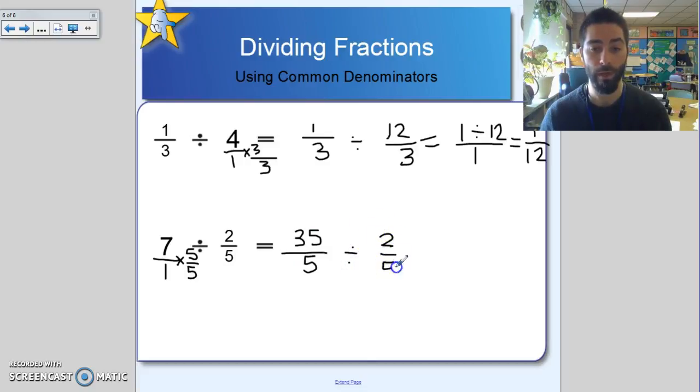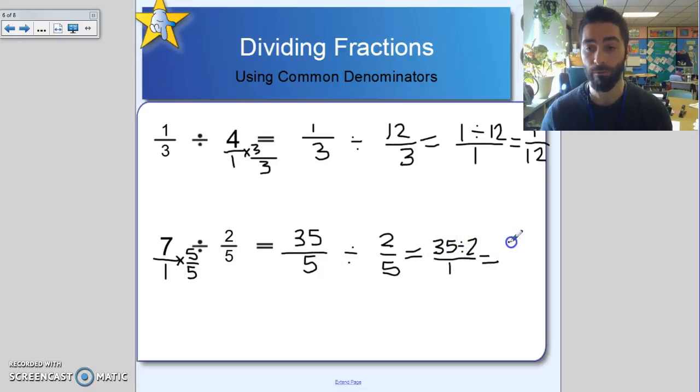Now we have common denominators. Now I can divide straight across. Okay? So now my 5 divided by 5 makes 1. And my 35 divided by 2, I'm going to write over here, 35 divided by 2. Now, I'm dividing by 1 on the bottom here, so I don't have to worry about that because it's not going to change my answer. So I just rewrite my numerator division up here, 35 divided by 2, as a fraction.